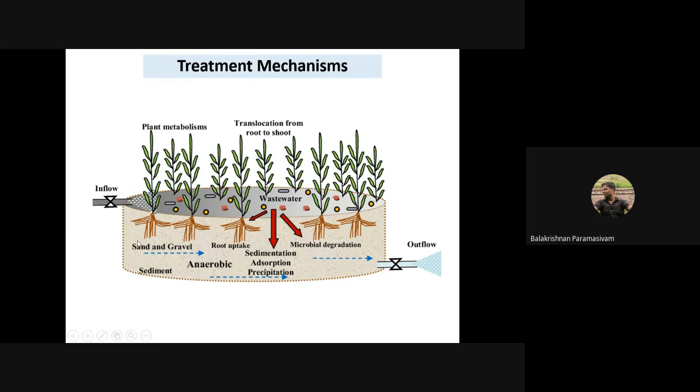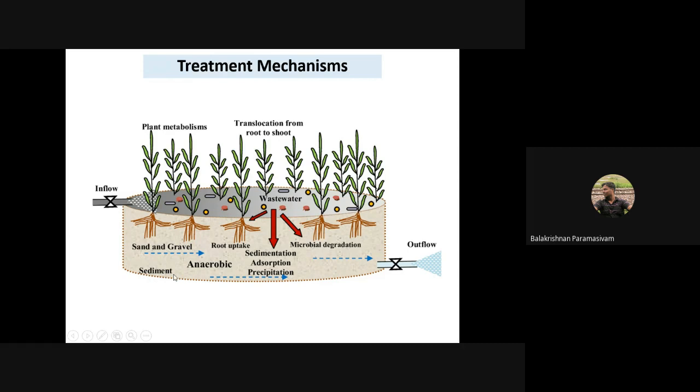Then a portion of this simpler organic matter will be removed by phytoremediation action. The remaining portion will be taken care of by microbial degradation. Like in our aerobic treatment process, both BOD and COD will be removed in the microbial degradation. So it will act as a complete treatment system.